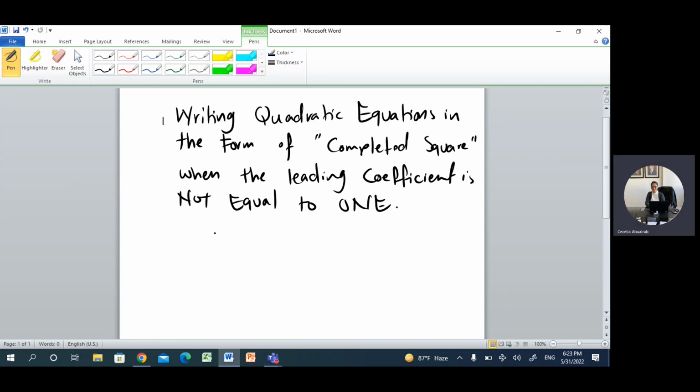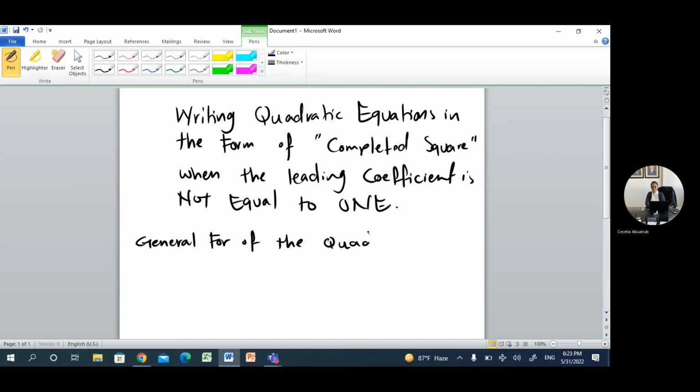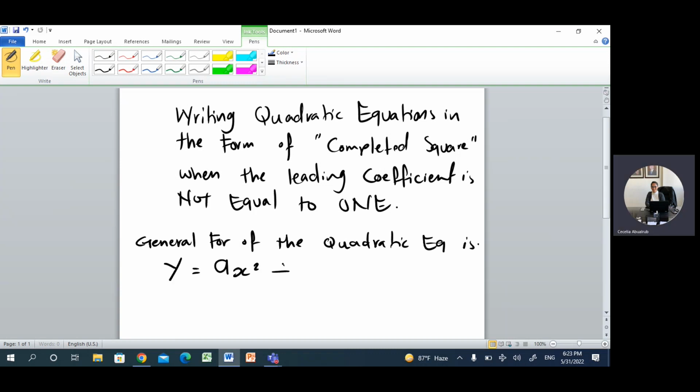So we know that the general form of the quadratic equation is y is equal to ax squared plus bx plus c.